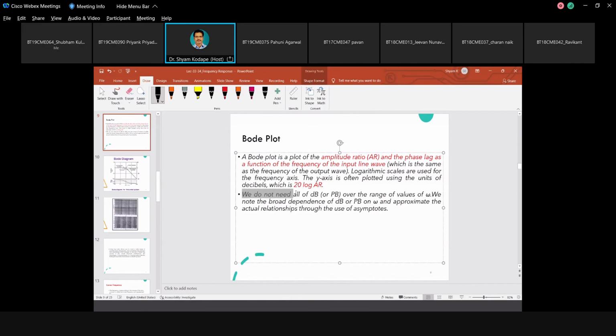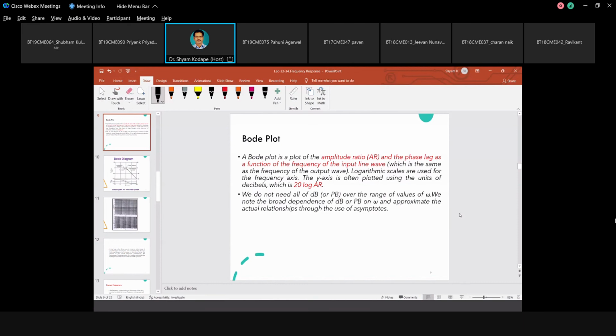We do not need all the dBs over the range of values of omega. We note a broad dependence of dB or phase on omega and approximate the actual relationships through the use of asymptotes. So the question will arise, sir, just like Kc, we are varying from 0 to infinity. So is it necessary to vary omega from 0 to infinity? The Bode plot gives us a convenient way to plot the variation of AR and theta along with omega.